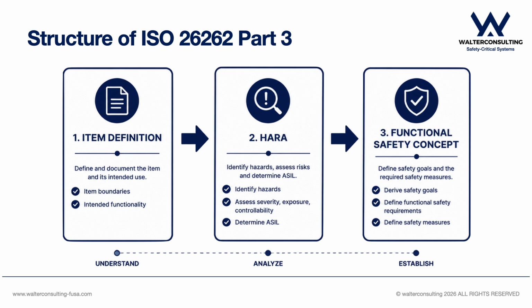The HARA identifies and evaluates hazards. And the functional safety concept defines how safety objectives will be achieved. Together, these activities establish the safety foundation for development. Everything starts with understanding the system itself. And that is exactly the purpose of the item definition.